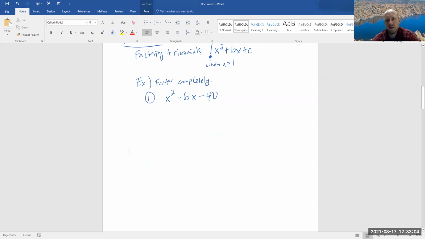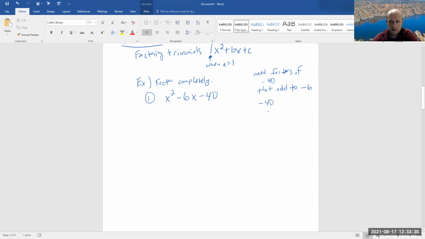When you just have a 1 here, you just look at this end term. So we need factors of negative 40 that add to the middle number, that add to negative 6.